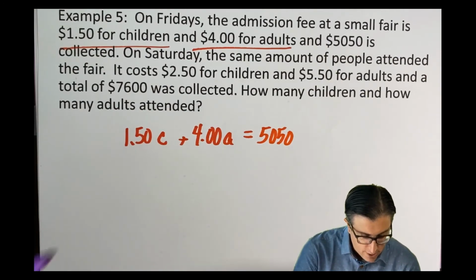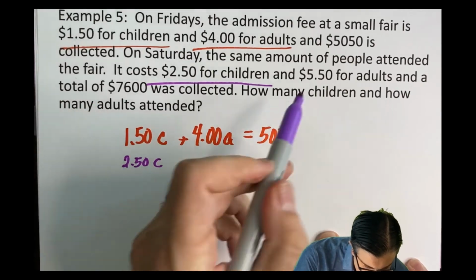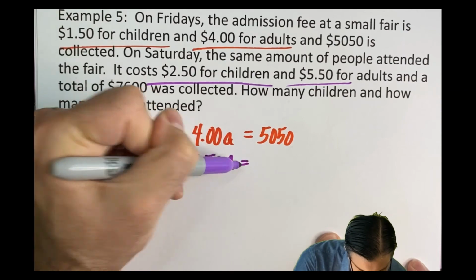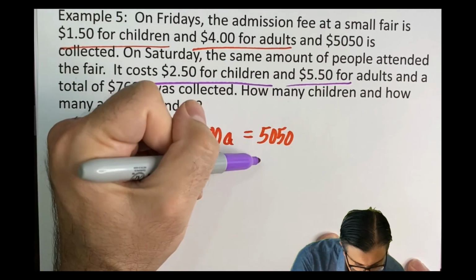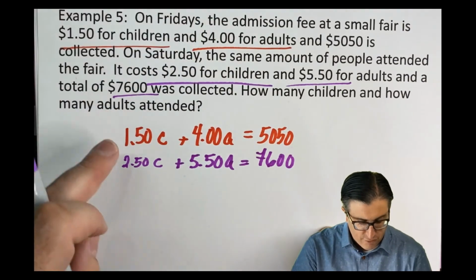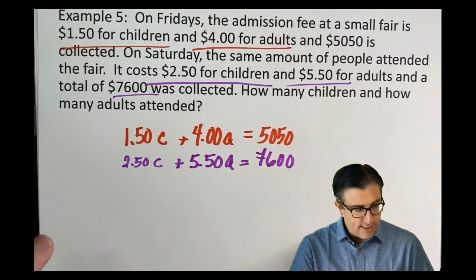My Saturday night equation was $2.50 for children, $5.50 for adults, and they collected a total of $7,600. So again, we have a Friday night equation, we have a Saturday night equation, and we're going to solve this.